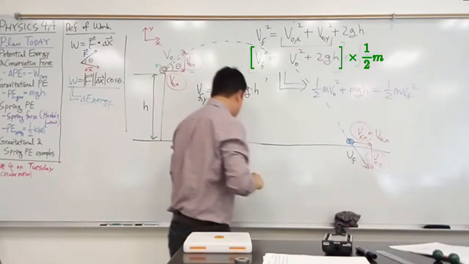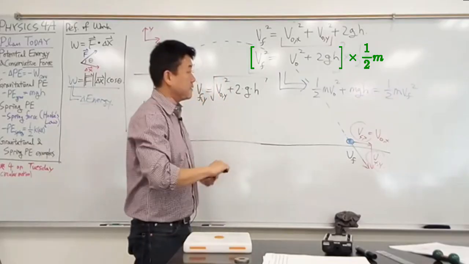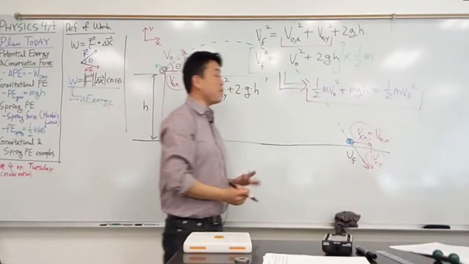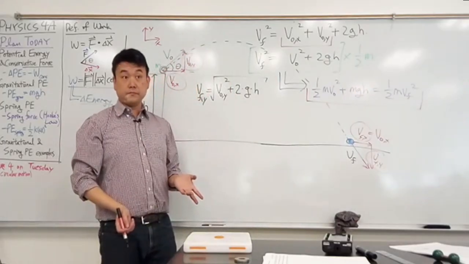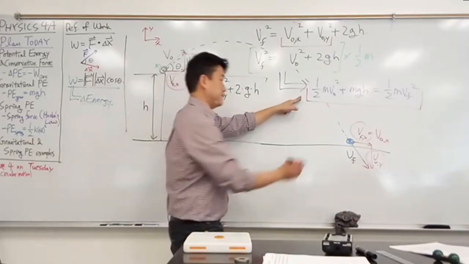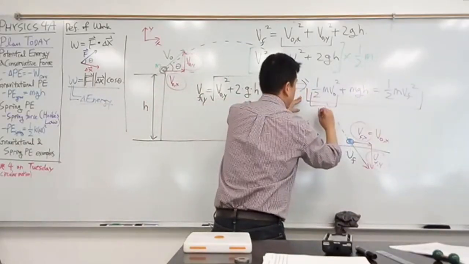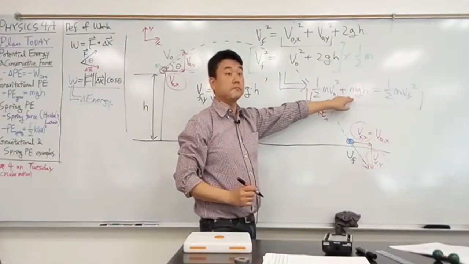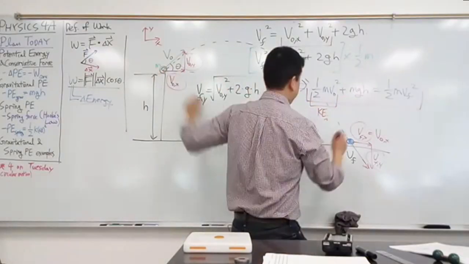You have seen some of the energy formulas. As you look at this expression, do you recognize some of those energy formulas? What is the first term telling you? It's telling you the initial kinetic energy. What's the second term telling you? Yeah, initial potential energy at this height.